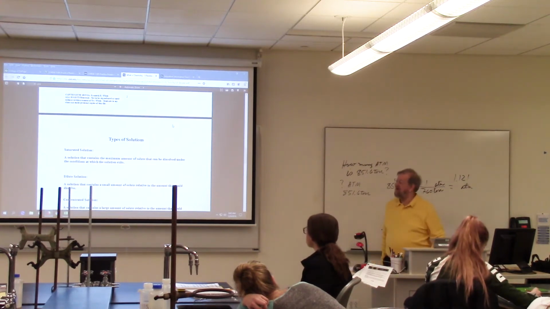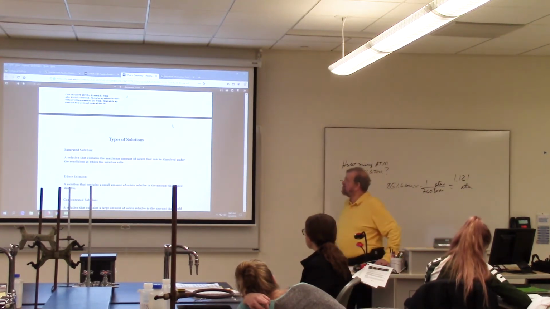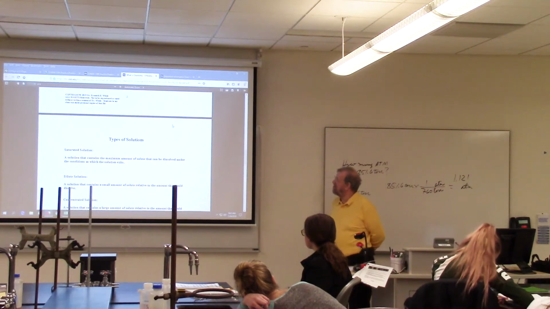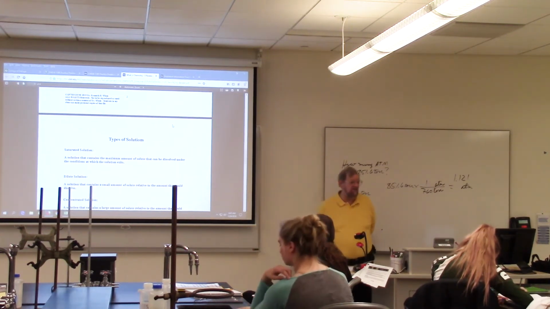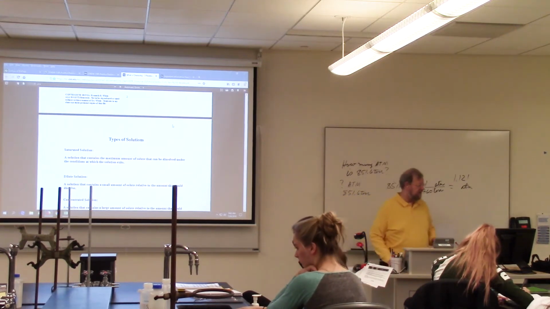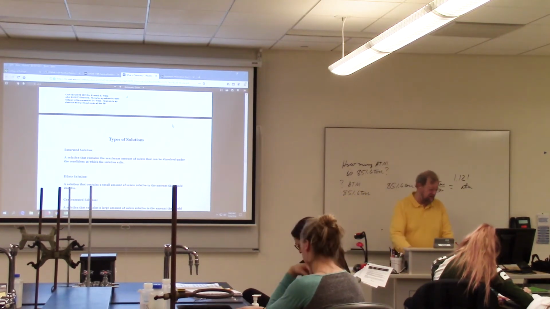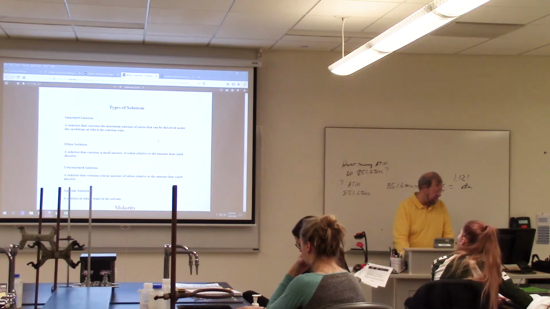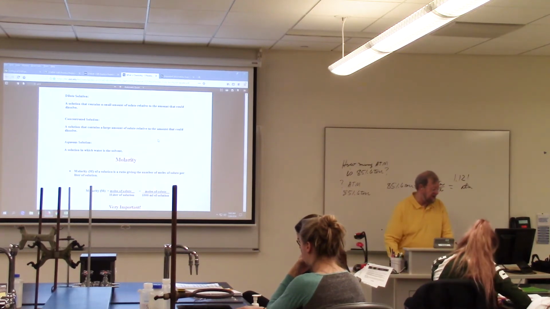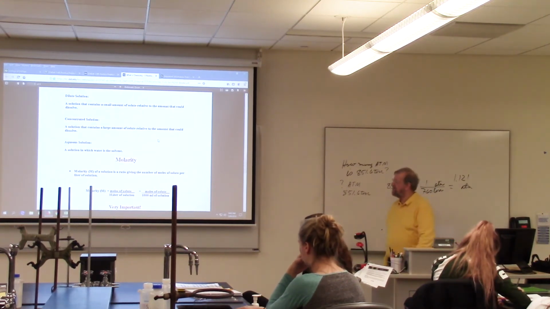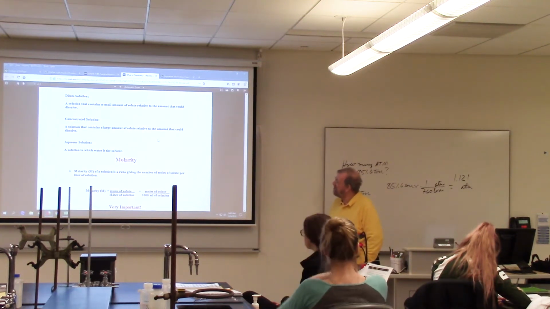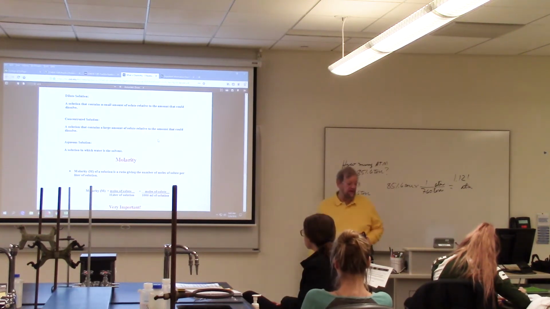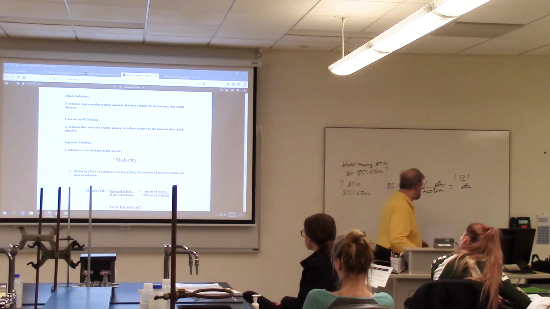Saturated, you're at a very high level of solute present, but you can still get a little bit more. Dilute, you have a very small amount of solute present compared to the amount of solution present. Concentrated, you have a lot. And finally, aqueous means the solvent is water.